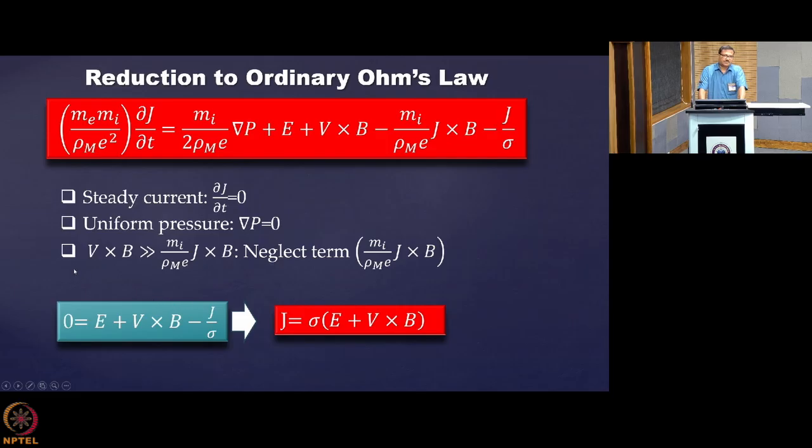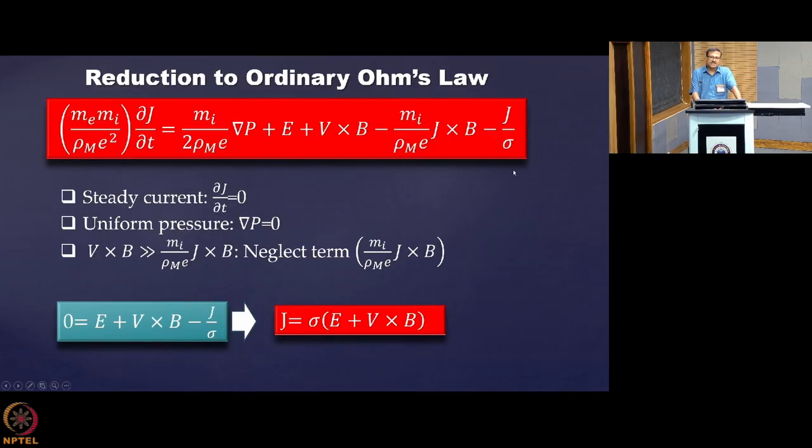And if it is not so, and the plasma is complex as usual, this is the form which will be generally valid. Also, you should remember that we have made a number of approximations in reaching this nice form, and those approximations are valid for most cases, but there may be cases where those approximations may not be very accurate.